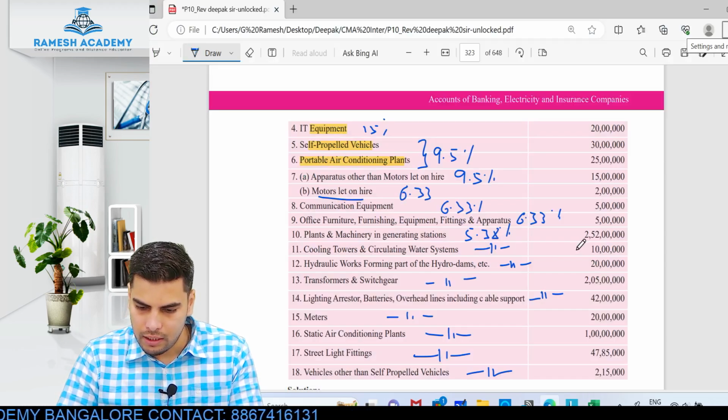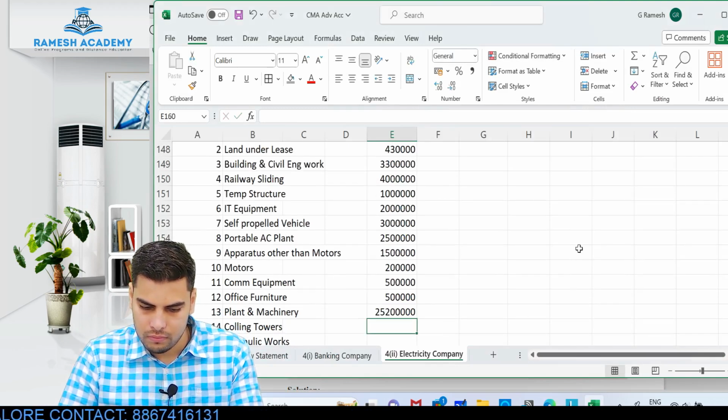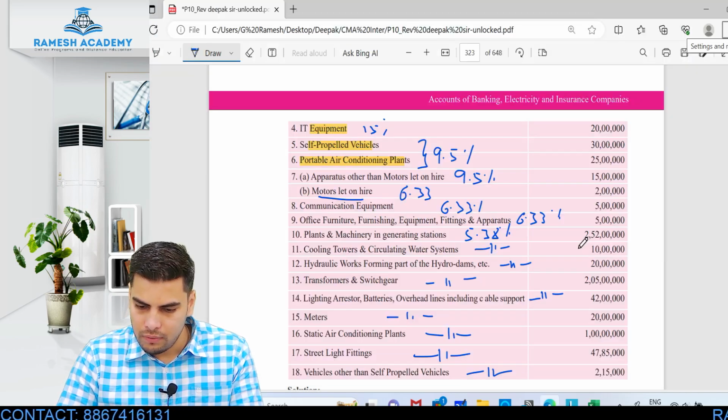Then we have got 2 crore 52 lakh. Then we have got 10 lakh.